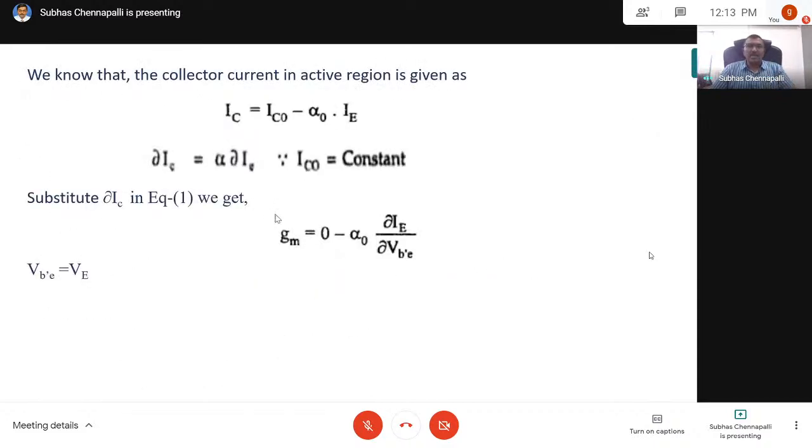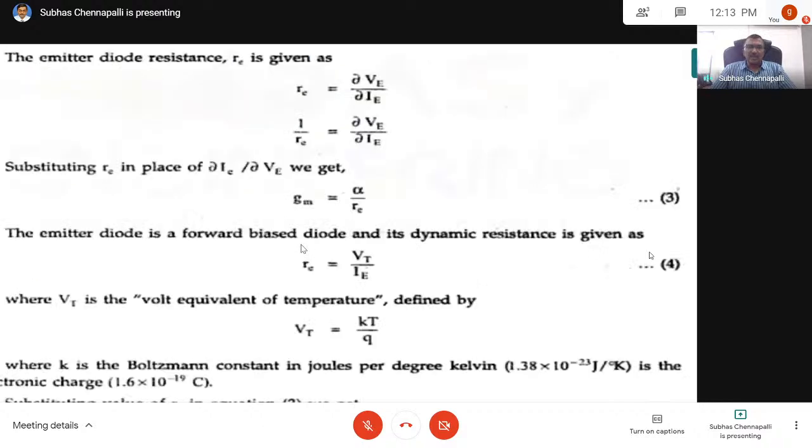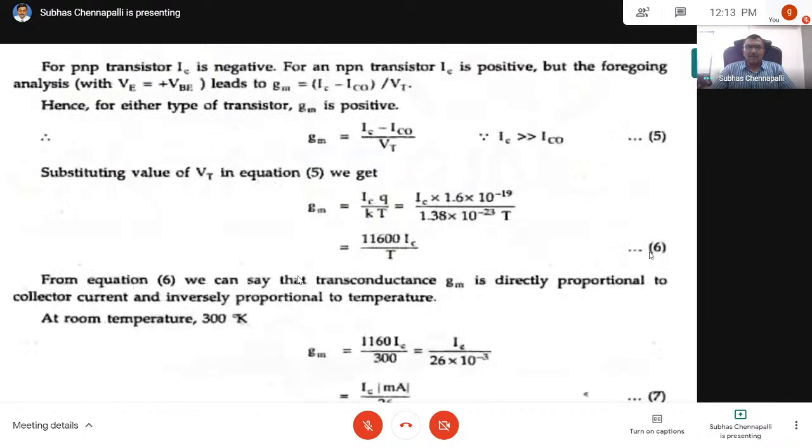The related equations are written, and finally, it is that only. GM is equal to IC minus IC naught, and IC naught is less than one component of IC. So GM is equal to IC by VT. VT is 26 millivolts, so IC by 26. IC is to be mentioned in milliamperes.